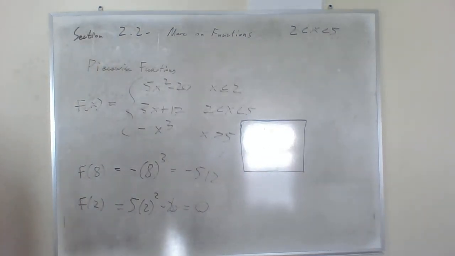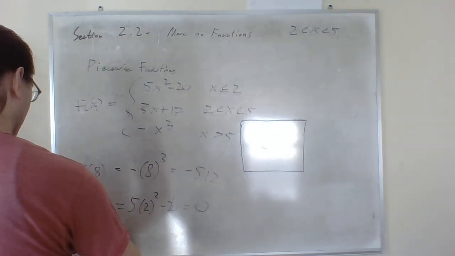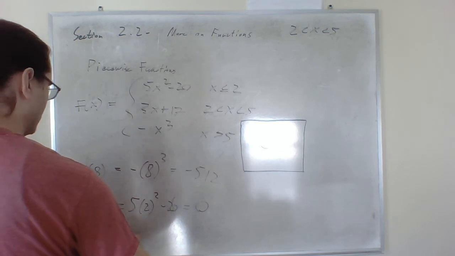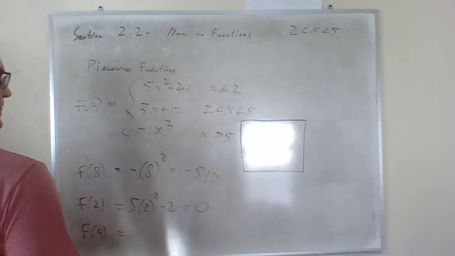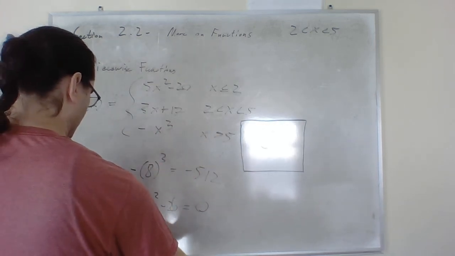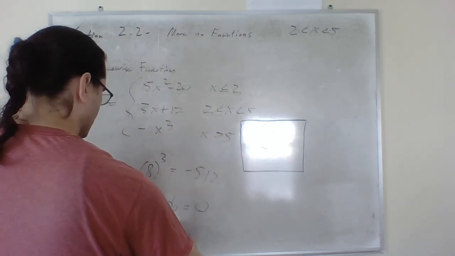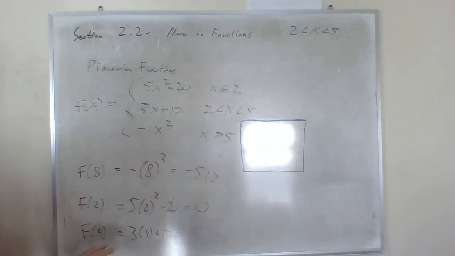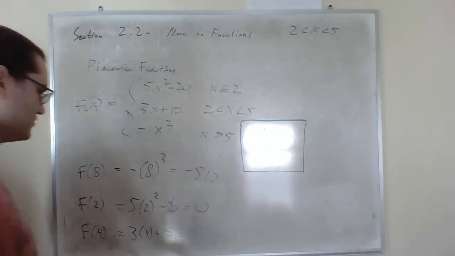That works out nice. And if something asks for, say, f of 4, then we'll use the middle rule. It's going to be 3 times 4 plus 17. And that'll give us something like 29.